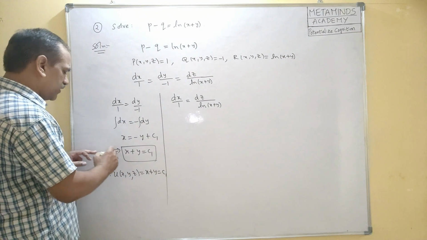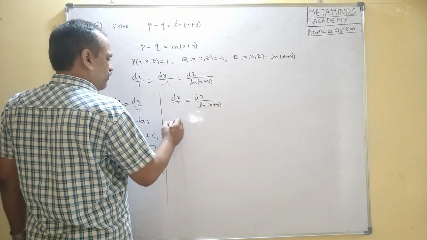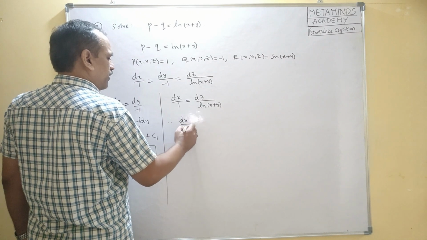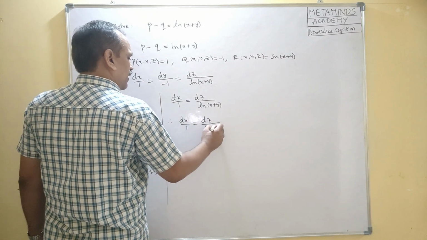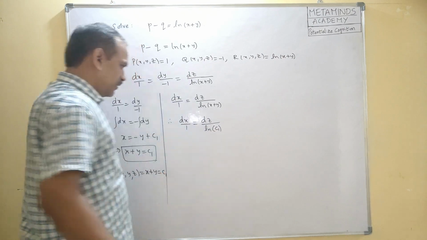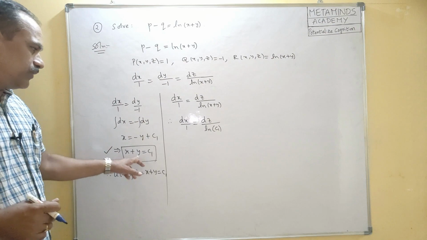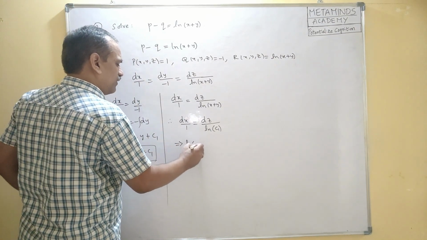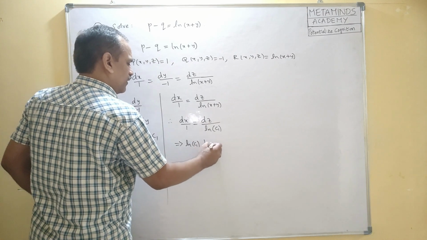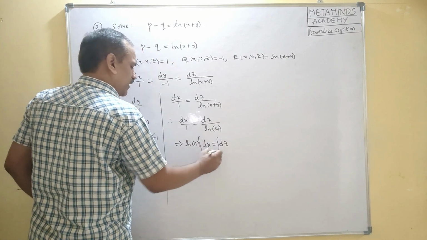But from the first part, you have x + y = c1. Therefore, dx/1 = dz/ln c1. You can replace x + y by c1 from the first part. So this can be written as ln c1 dx = dz. Now integrate on both sides.